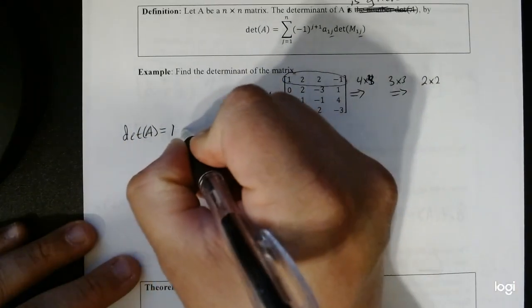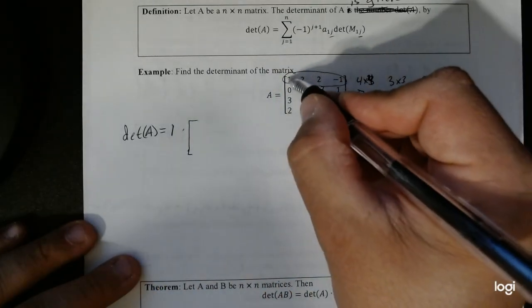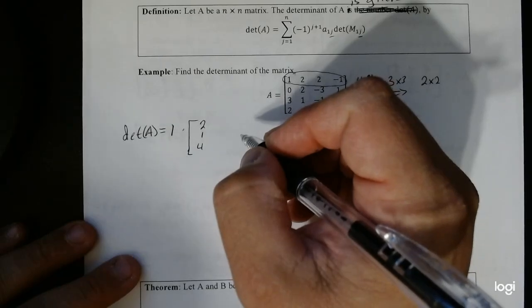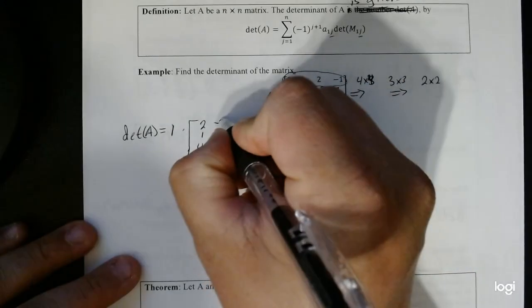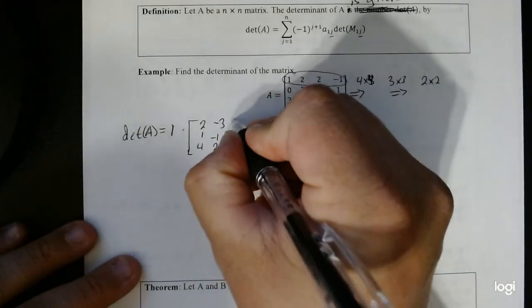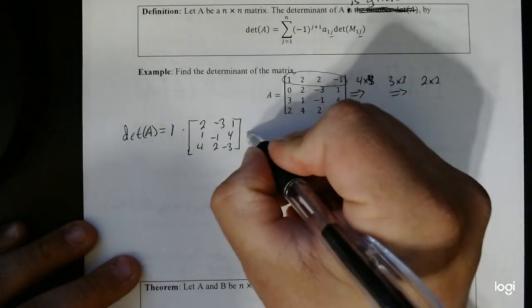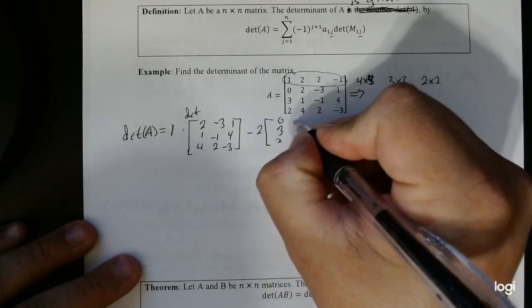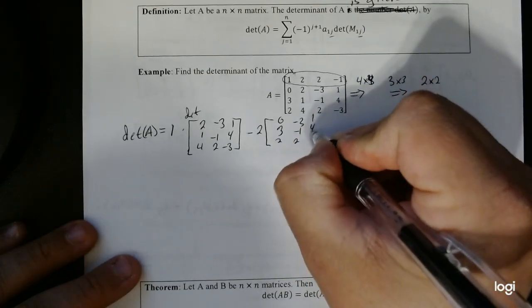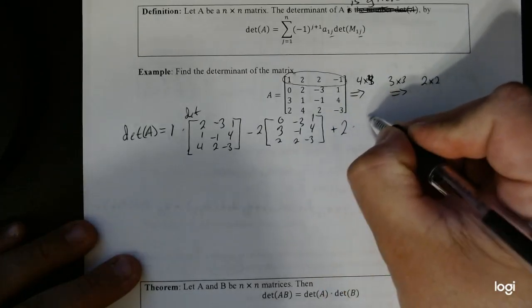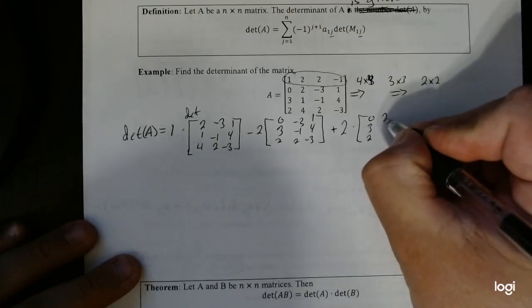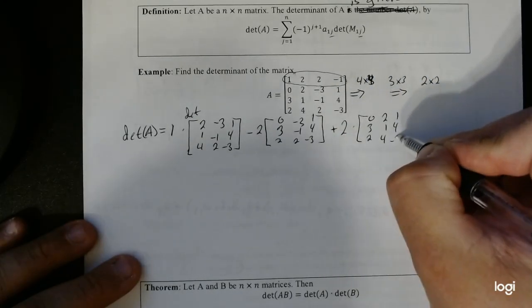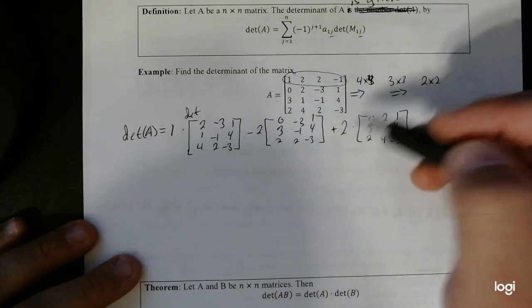It's going to be 1 times the determinant of this now 3 by 3 matrix, minus, again, these are all determinants, plus, minus, minus.